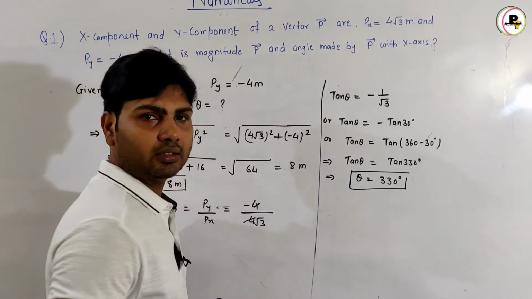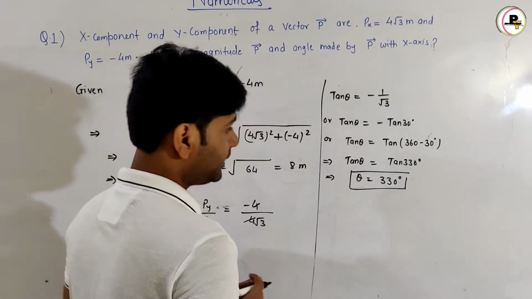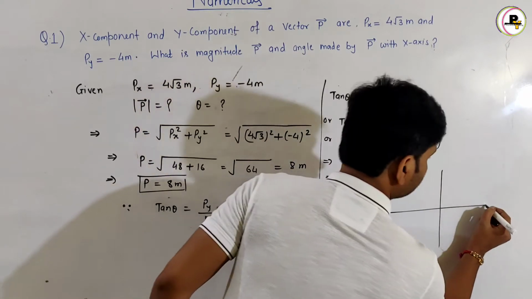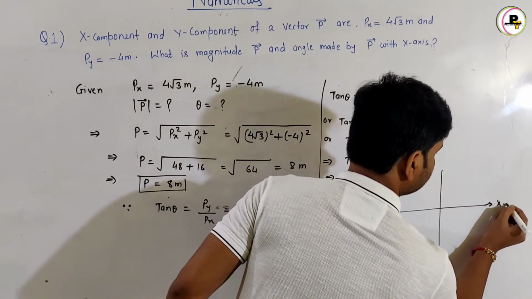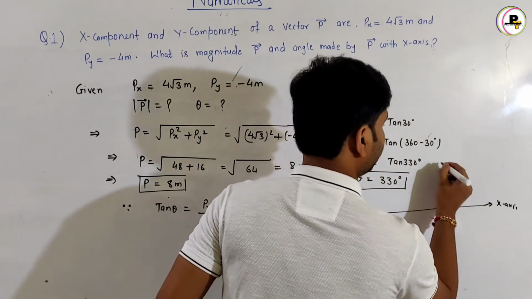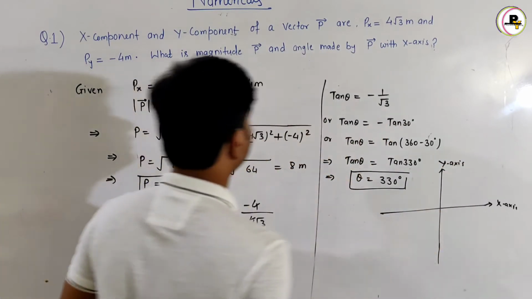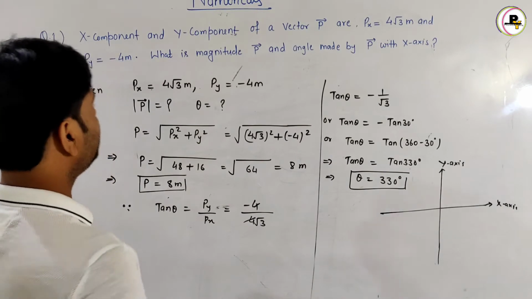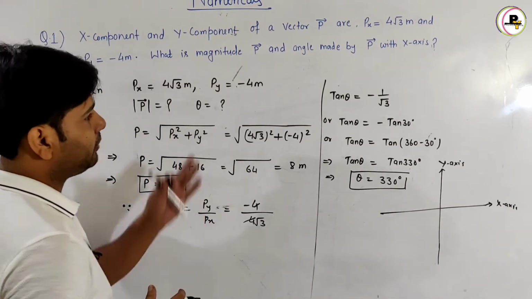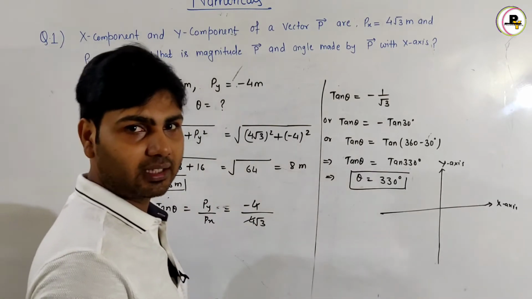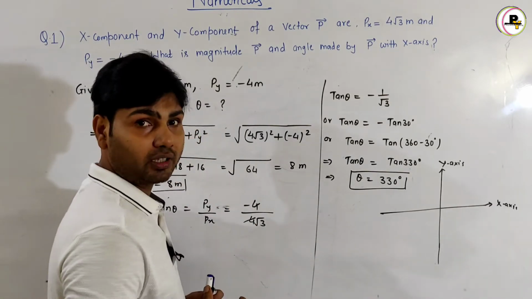That is, the resultant vector will be in the 4th quadrant, and I can draw the coordinate axes. This is the x axis and this is the y axis, and here we have the components of vector P, which are 4 root 3 meter and minus 4 meter. From these coordinates I can say that the resultant vector lies in the 4th quadrant.